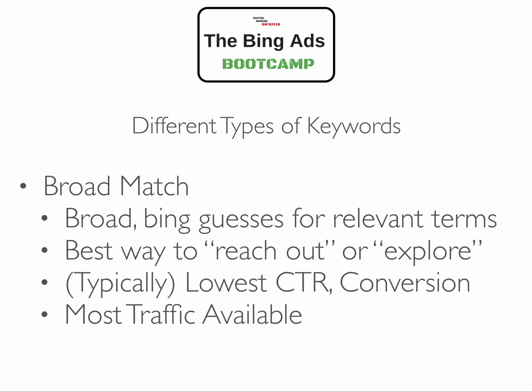So when we get into our keyword research in the next step, you'll see different things get searched for at different amounts. Some things get searched for hundreds of thousands of times a month, and some only get searched for 10 times a month across the whole country or world. And broad match covers the most broadly connected terms, so there's the most traffic out there.